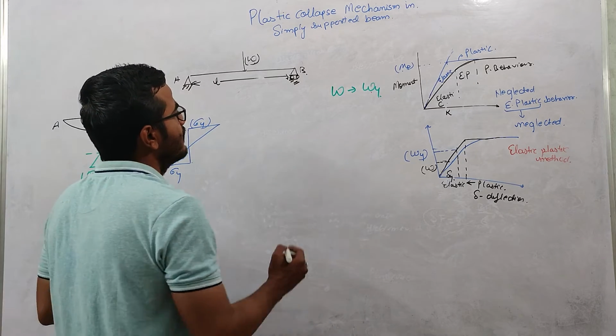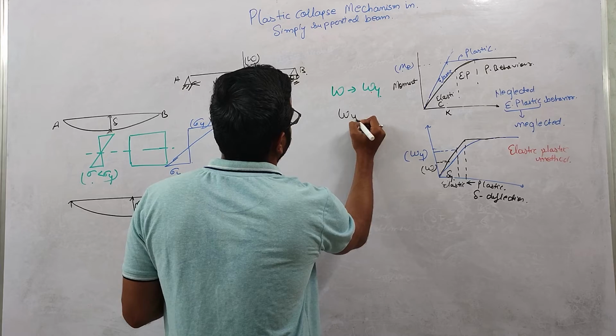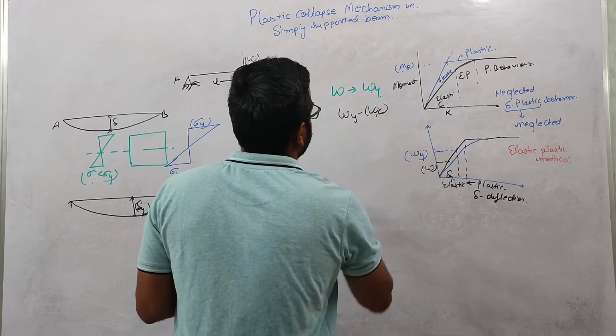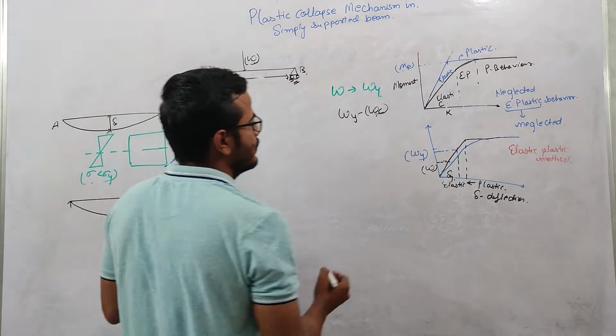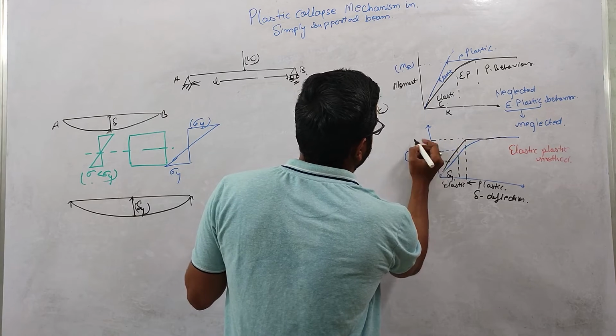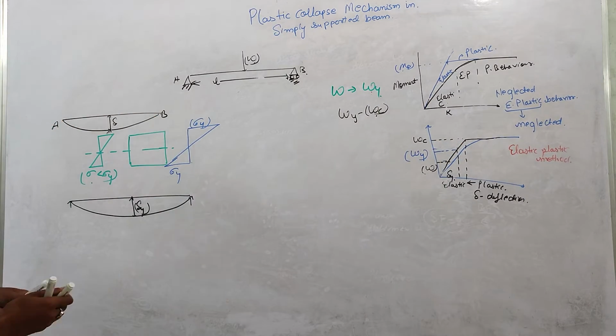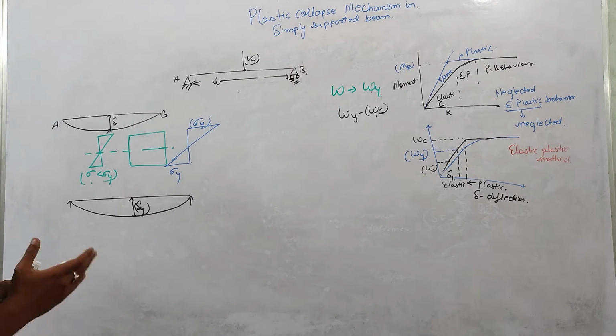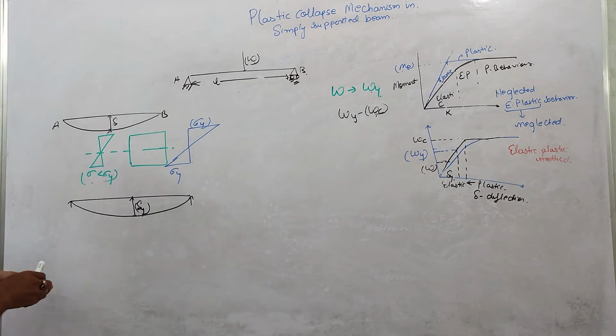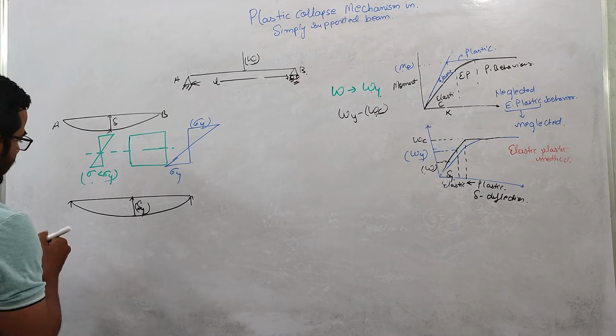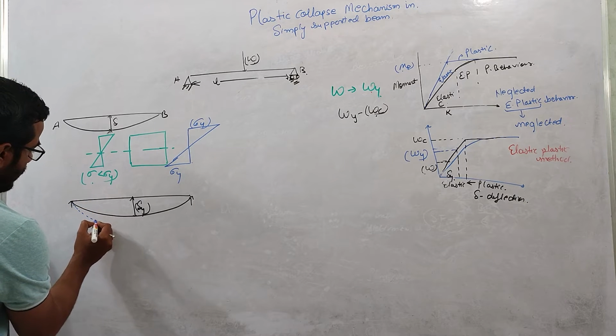Now if I increase this W from Wy to Wc, it means we are just reaching the collapse condition, and this is our Wc. So what happened when we increase our load to Wc? The deflection diagram will look like this.